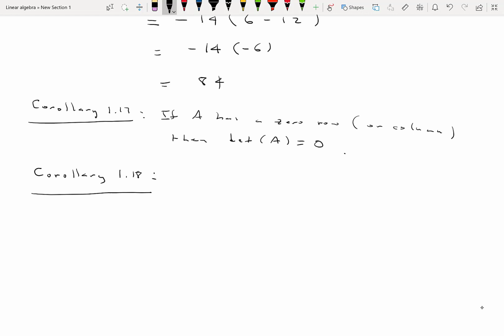The determinant of a triangular matrix, either upper triangular or lower triangular, is the product of its diagonal entries.